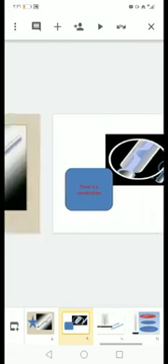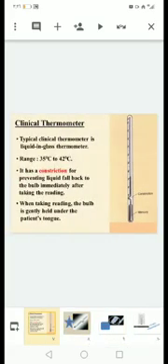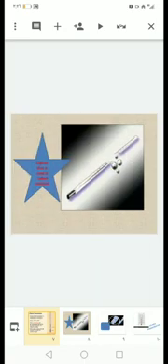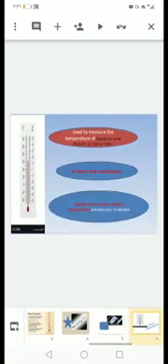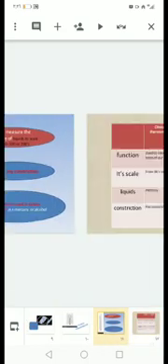Again, the clinical thermometer has a constriction. Why? To prevent mercury from returning back again to the bulb. And the Celsius thermometer hasn't any constriction.